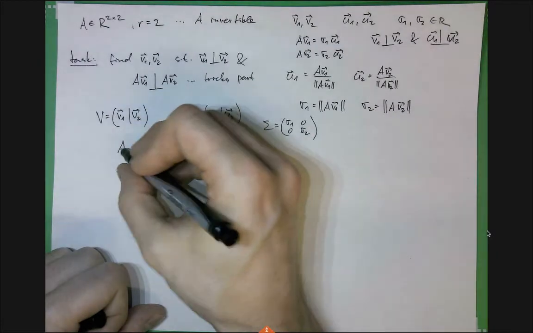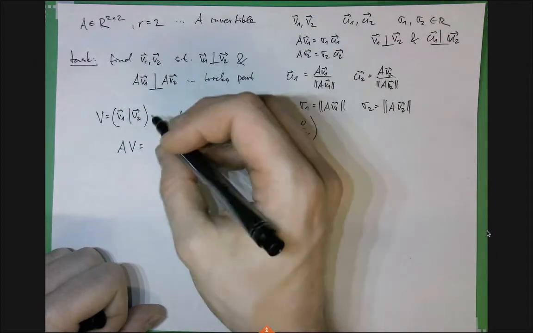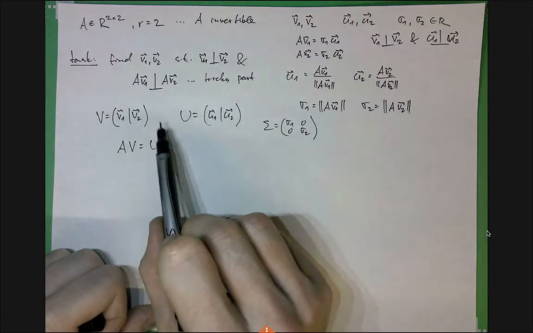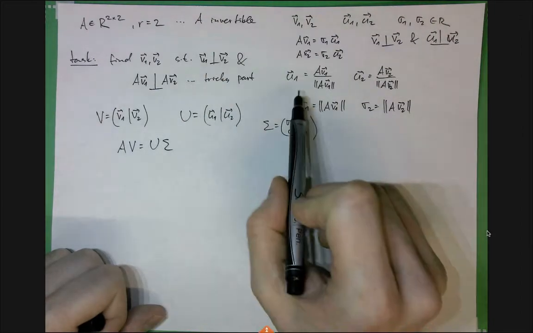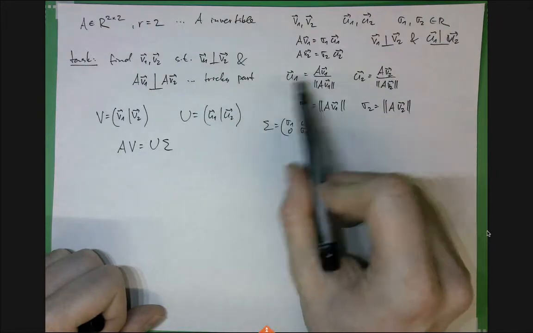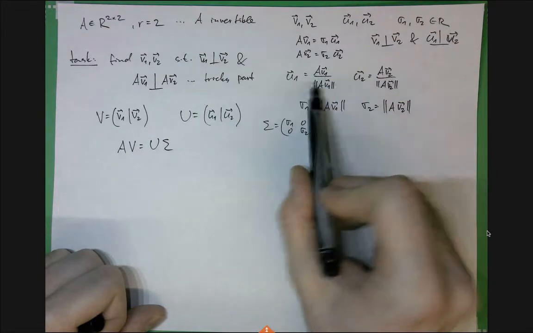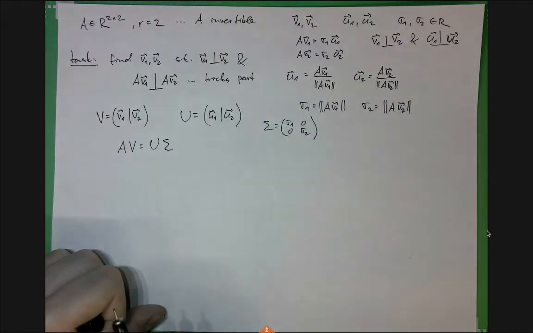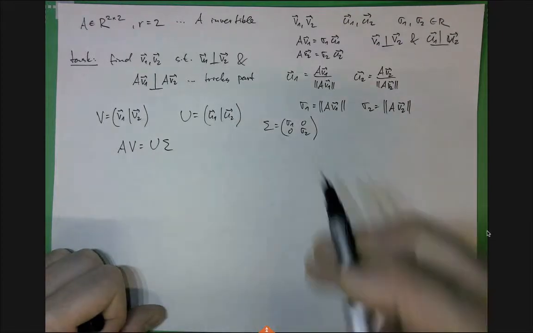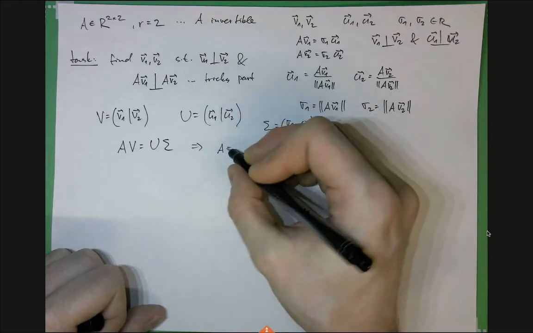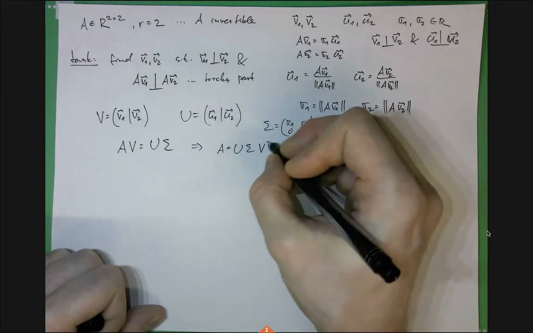And I know that AV is U sigma, because that's how I created them, right? I said that my U's are exactly AV's divided by the length, where I defined sigma to be the length. And because V is orthonormal, I can write it this way, that A is U sigma V transpose.